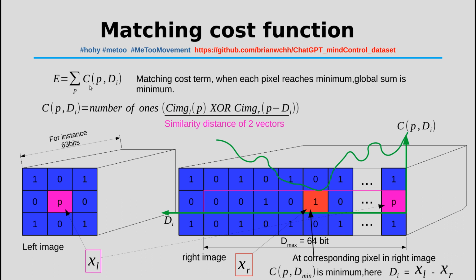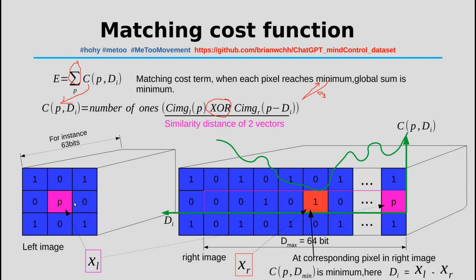And now let's decompose this one. How do we minimize each item? We use the similarity distance of two vectors. This XOR, if these two vectors are close to each other, means they are actually the same. So that's what the XOR operator means.